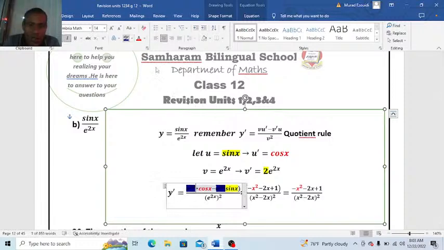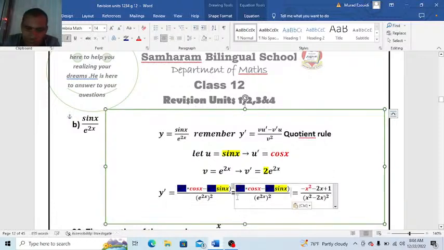In the denominator, exponential of 2x all squared is exponential of 2x multiplied by exponential of 2x.